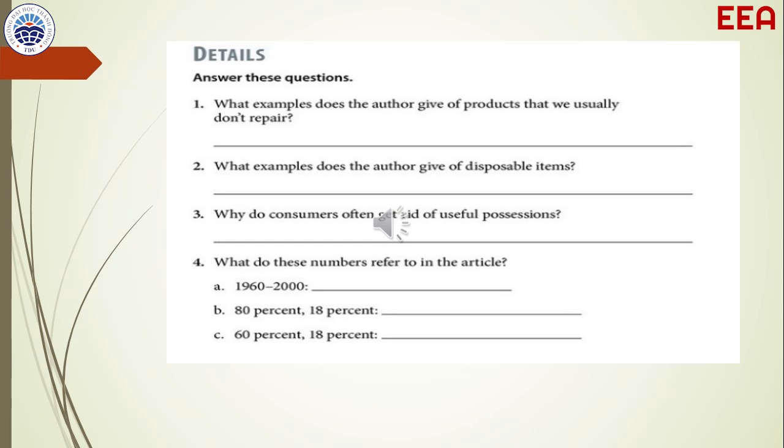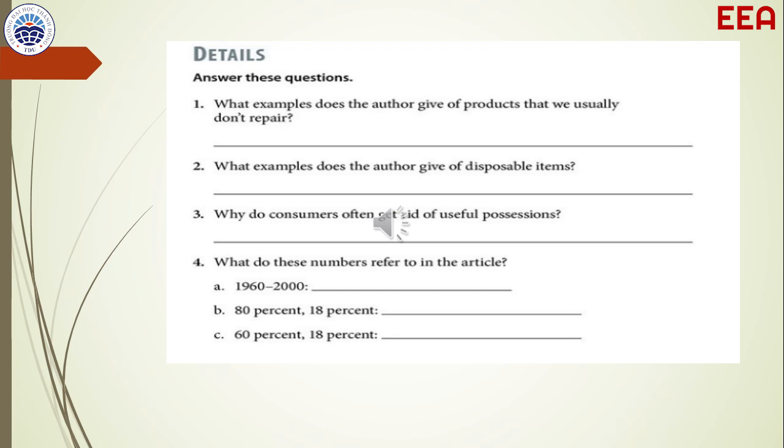What examples does the author give of products that we usually don't repair? You can find the information from the reading. What examples does the author give of disposable items? Why do consumers often get rid of useful possessions? And what do these numbers refer to in the article?